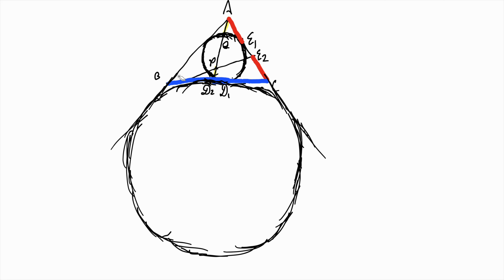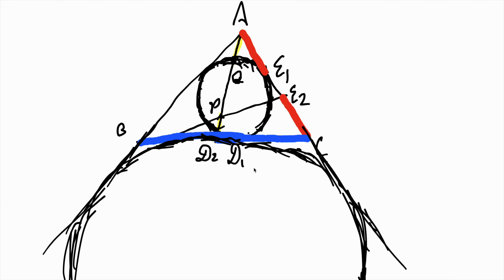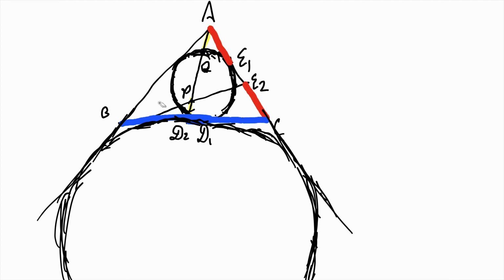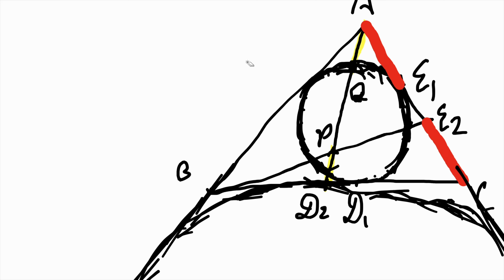Now we know that our excircle right here touches, or is tangent to, BC. Let me use different colors.